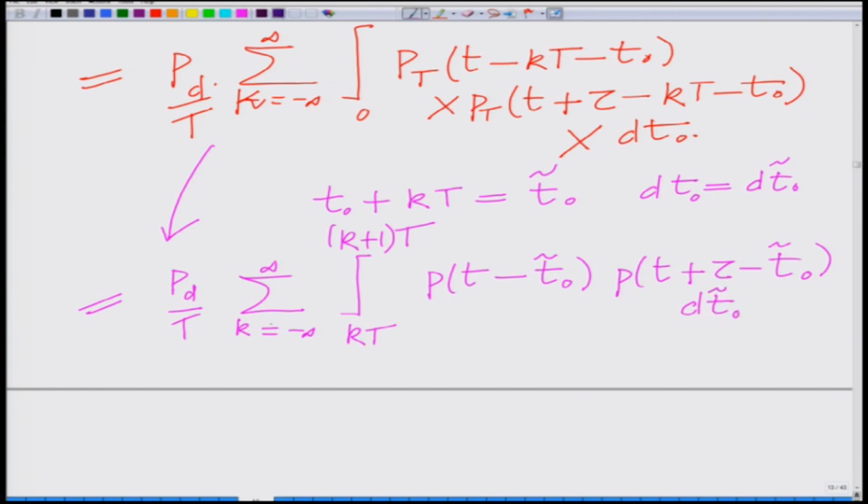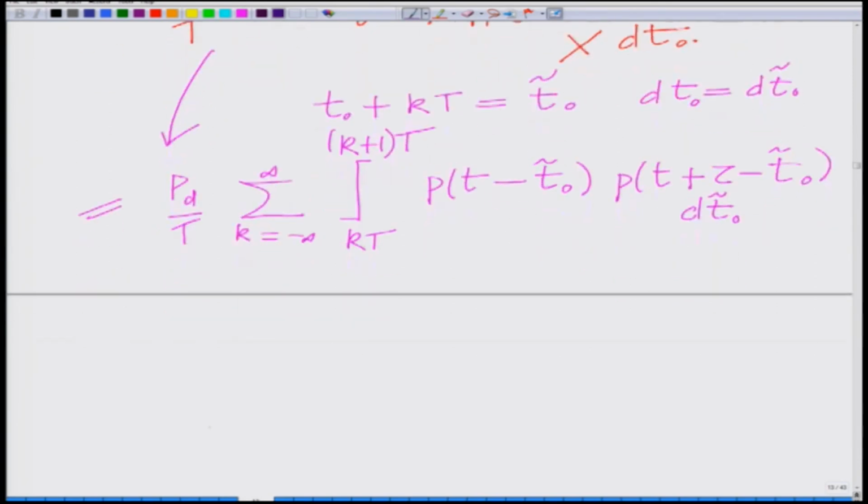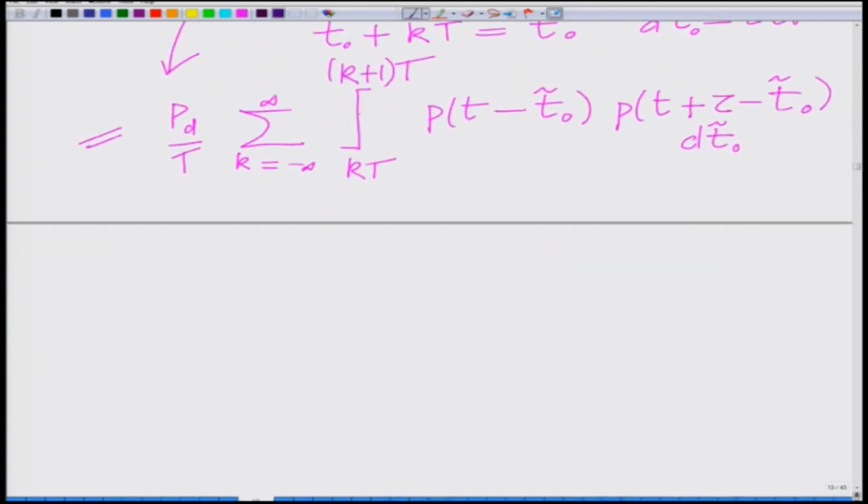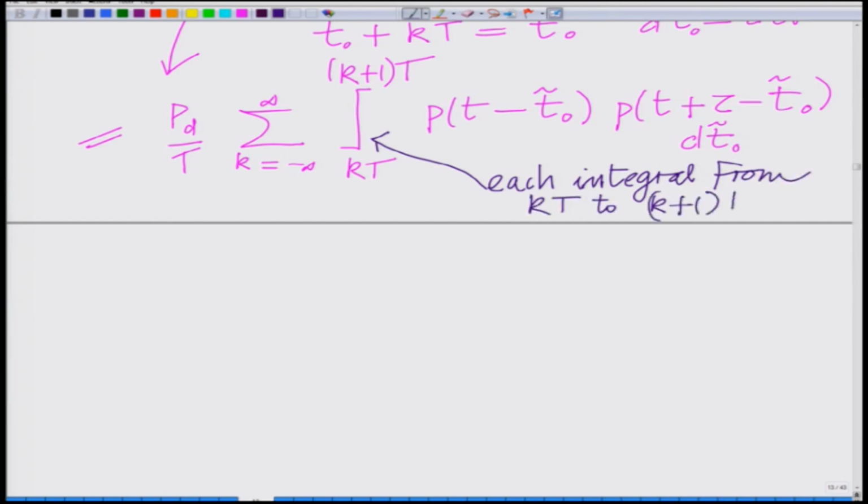Now, if you look at this integral, each integral is from kt to k plus 1 t, where k is from minus infinity to infinity.